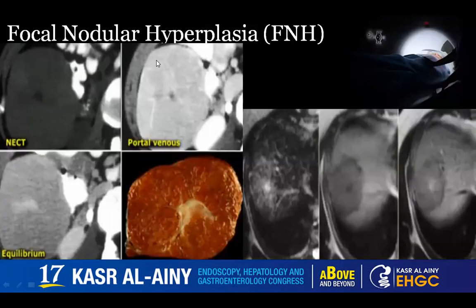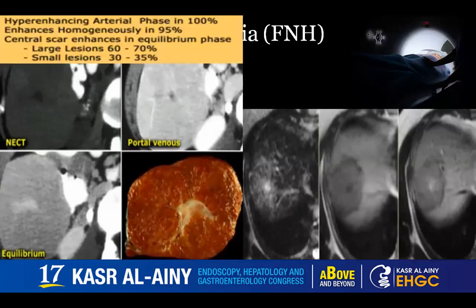Focal nodular hyperplasia shows a central scar. It is a benign tumor within the liver, and it enhances completely in the arterial phase. The central scar usually enhances in the delayed images. The most characteristic feature regarding the scar is the bright signal in T2 weighted images.